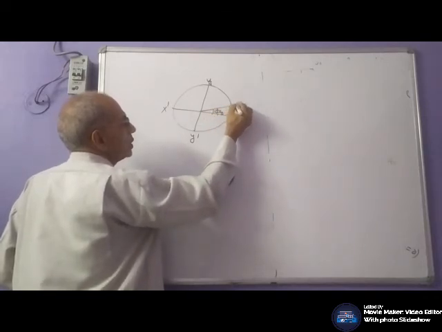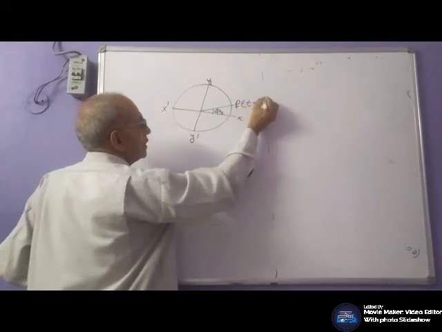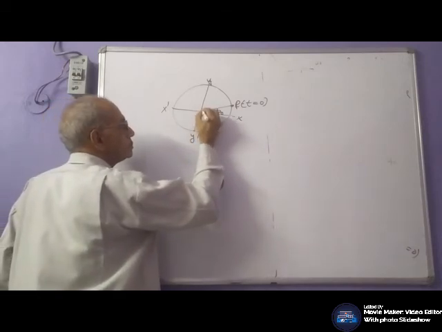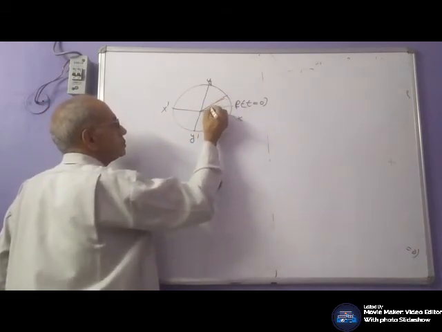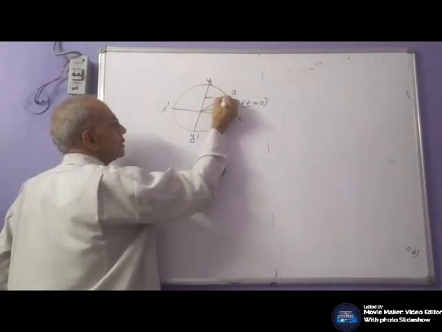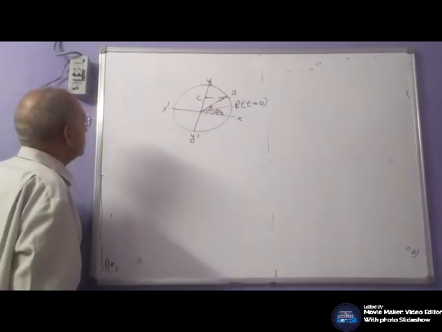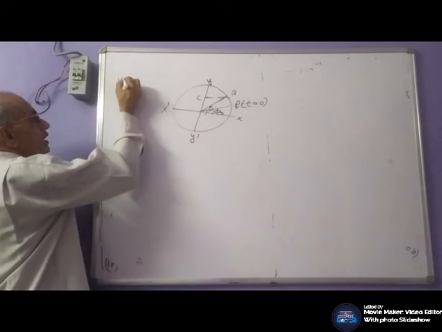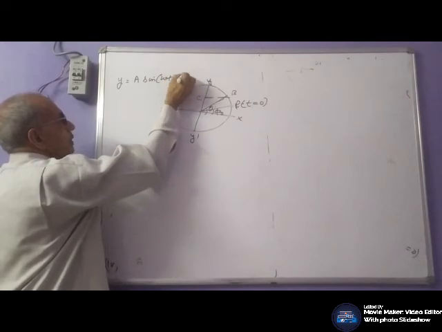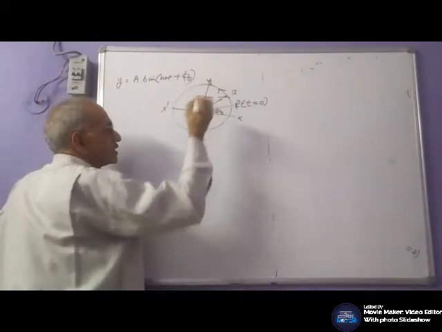This is phi naught. Starting point is this. This was B, this was C, this was theta. Then the equation will be A sine (omega t plus phi naught). The direction of motion is this.